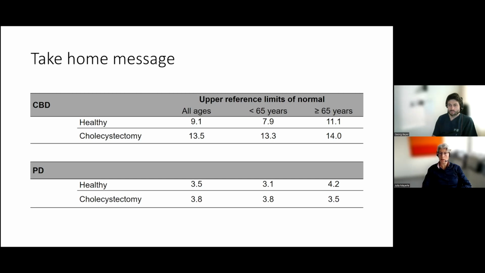If your patient has undergone cholecystectomy, the CBD can be as wide as up to 14 millimeters. What you only have to exclude is that there's impaired liver function or clinical symptoms, because that would warrant further workup. But in the absence of these, you can just regard your patient as healthy, even if you detect a widened CBD.